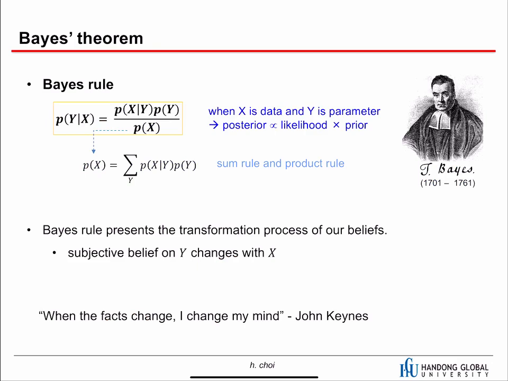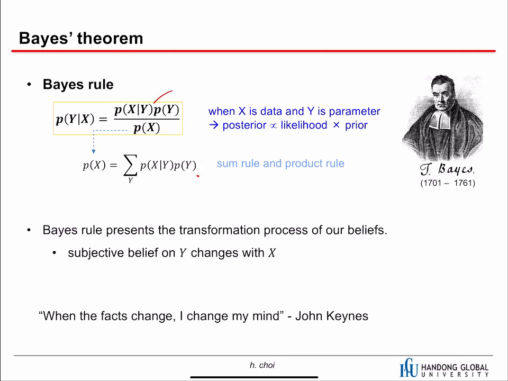Now let's talk about the Bayes theorem, or Bayes rule. The Bayes rule is a really popular rule, but it's really simple. P of y given x is P of x given y times P of y over P of x, and the P of x can be rewritten in this way.